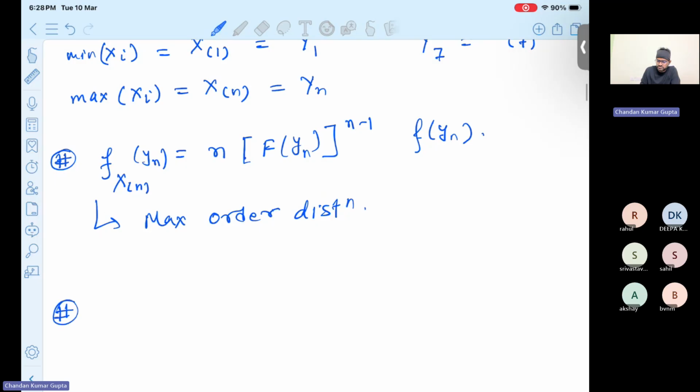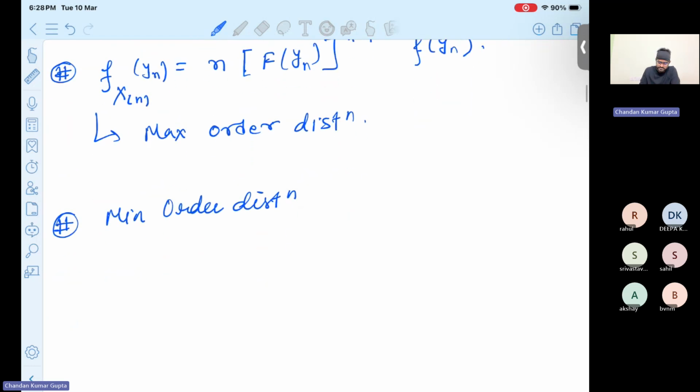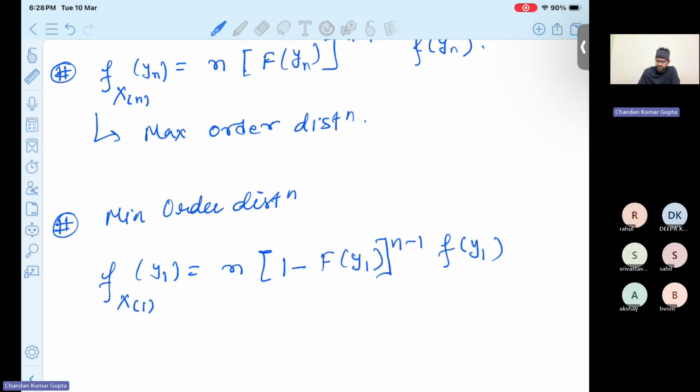The minimum order distribution is like n times 1 minus F of y1 to the power n minus 1 times f of y1. So this is how we calculate the distribution of the maximum and minimum order statistics.